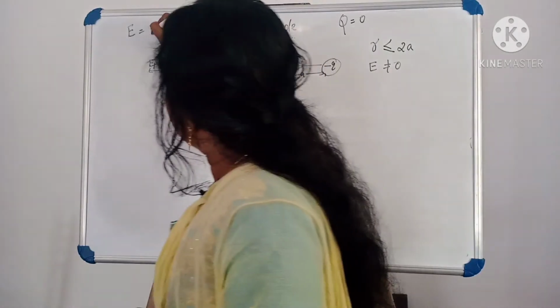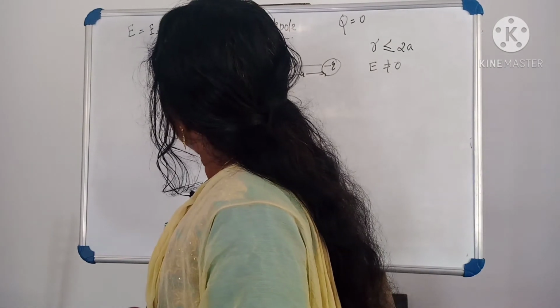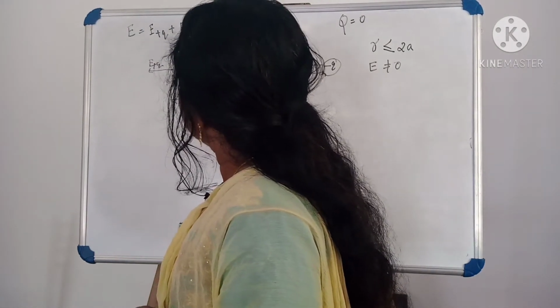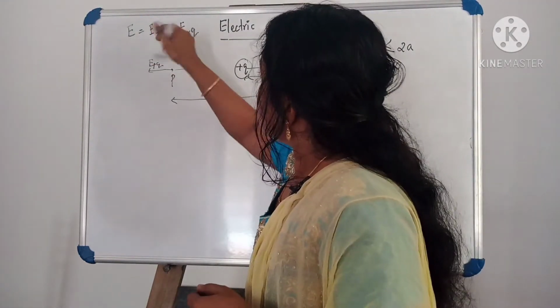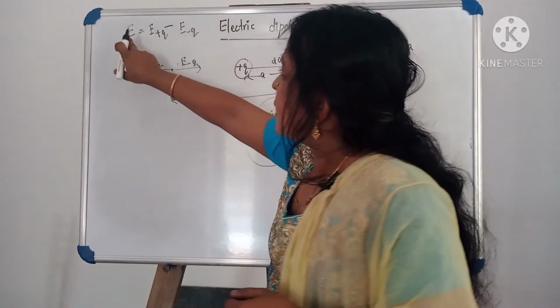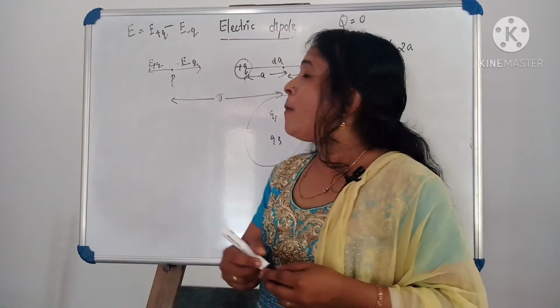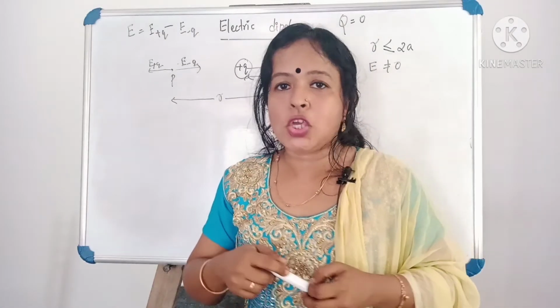That means E is equal to E plus Q plus E minus Q. But here they are in opposite directions, so E is equal to E plus Q minus E minus Q.